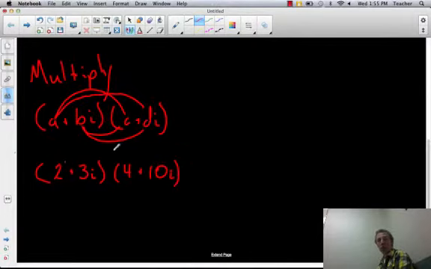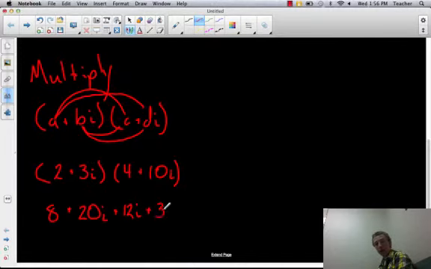Now, what we do is we go first, so 8, and then we go outside, so plus 20i, and then inside, plus 12i, and then we go last, so plus 30i squared. And remember, this last one is squared because we're taking an i times an i, so we get i squared.